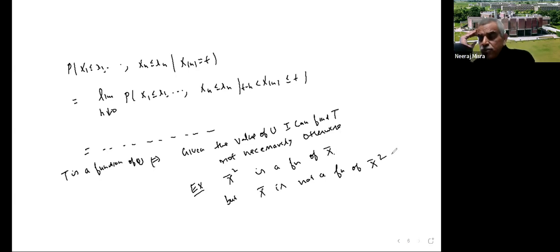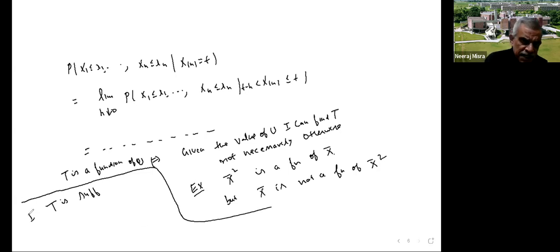If X bar square is given to be 4, then X bar can be plus 2 or minus 2. So you cannot find X bar, unless you know that X bar is positive. What sufficient statistics says is, if T is sufficient and T is a function of U, then U is also sufficient.